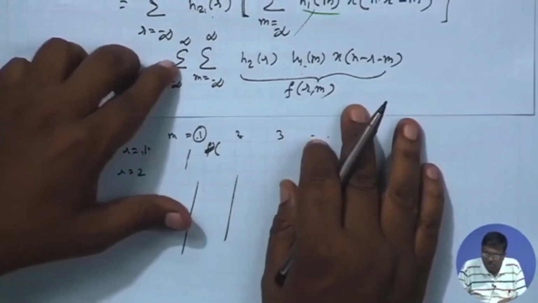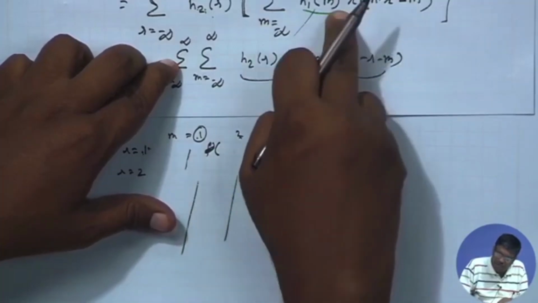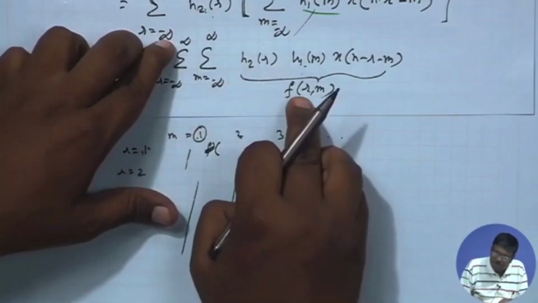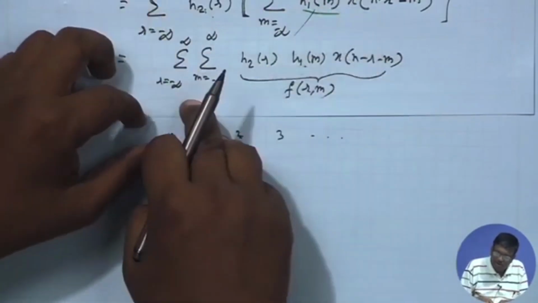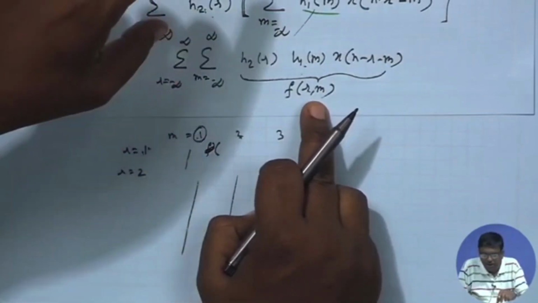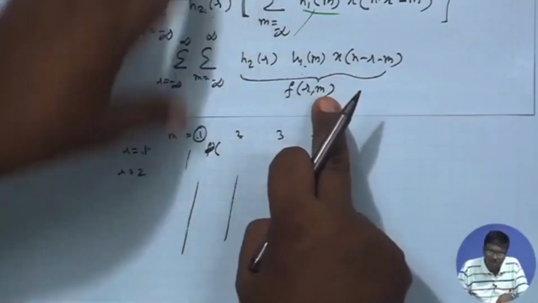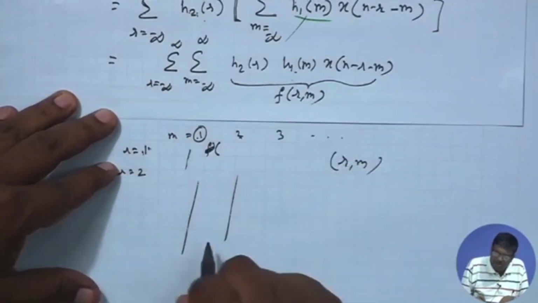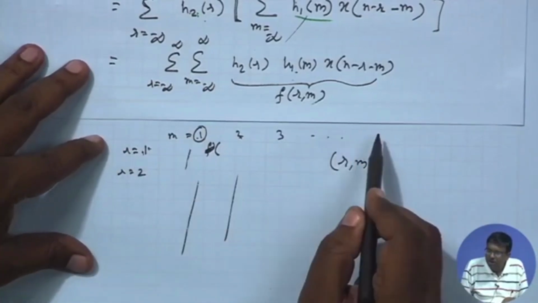So, either you first fix r, and for that r carry out the evaluation inside for all m's and add, then take another r and again carry out this summation for all m and add. Alternatively, you can fix m and vary r over the entire range, then take another m and again vary r over the entire range. You will cover all the points, all (r, m) pairs, with r from minus infinity to infinity and m from minus infinity to infinity.